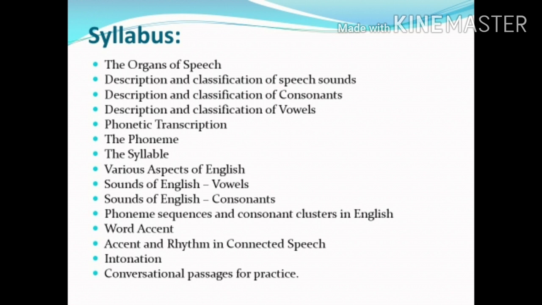So, students, you will learn a general introduction to English speech sounds, followed by the organs of speech, description and classification of speech sounds, description and classification of consonants, description and classification of vowels, phonetic transcription, the study of the phoneme and the syllable, various aspects of the sounds of English such as vowels and consonants in detailed study, phoneme sequences and consonant clusters in English, word accent, accent and rhythm in connected speech, followed by intonation and conversational passages for practice.